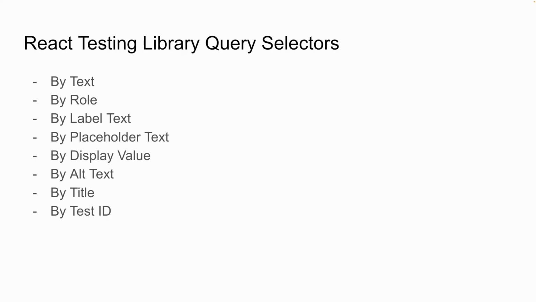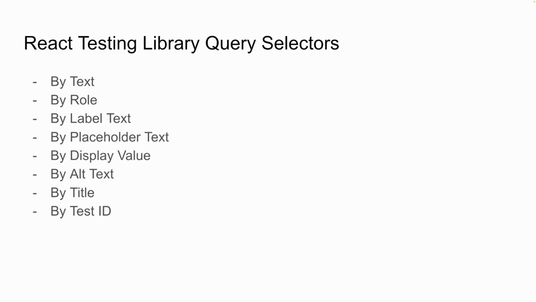Now, what you're seeing here on this slide is a list of all the different selectors RTL can query by. You can query by text, accessibility role, label text, placeholder text, display value, alt text, title, and, in case of emergency escape hatch, test ID.